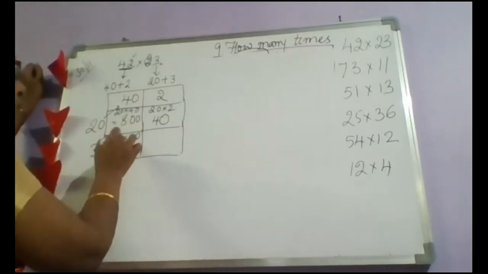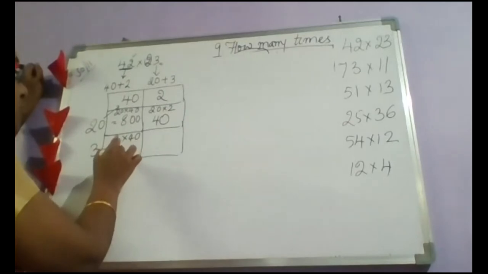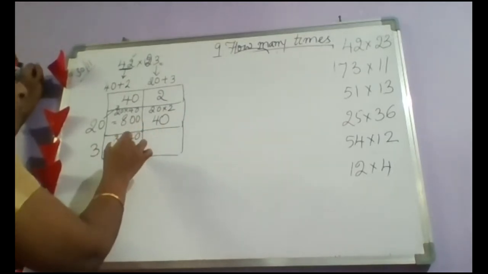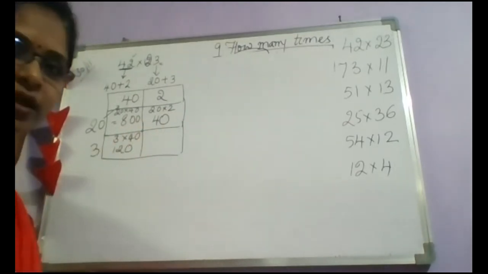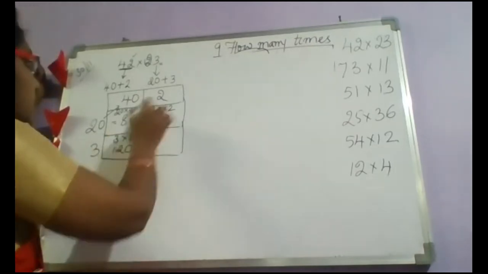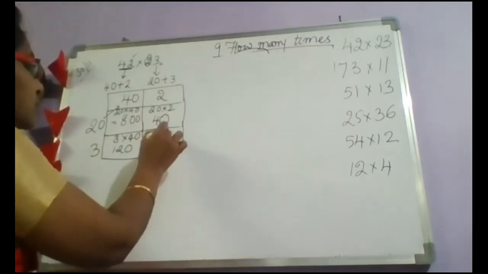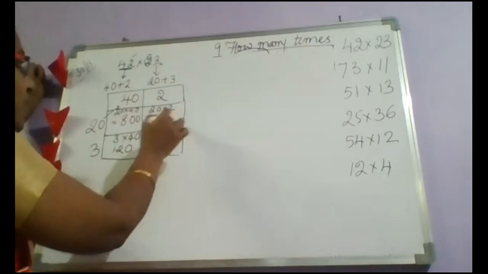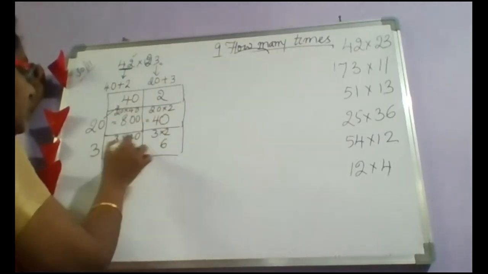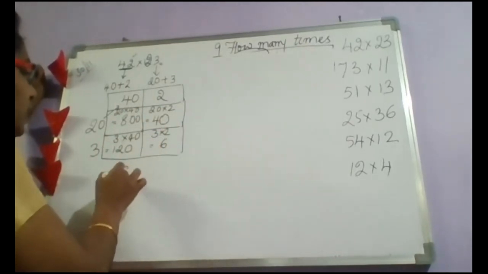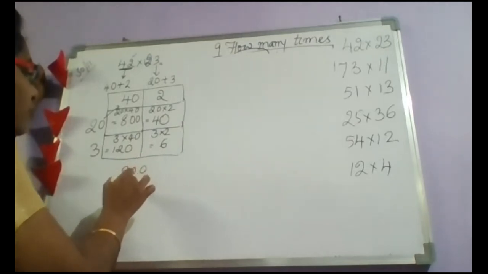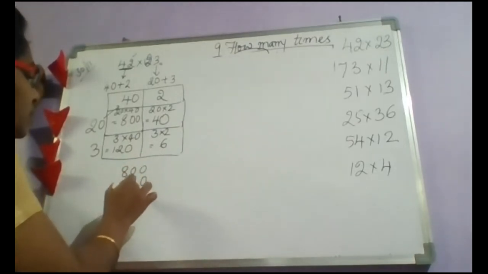Here also multiply the two numbers. 3 4s are 12. This is easy, and write down the number of zeros you have. So 120. Next, 3 into 2. 3 2s are 6. Now whatever answers you have got, you have to add all of them: 800 plus 40 plus 120 plus 6.